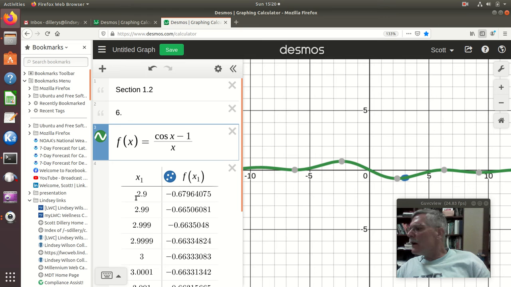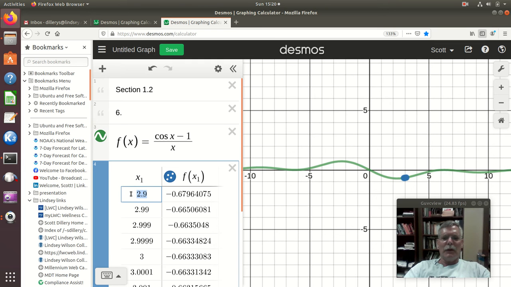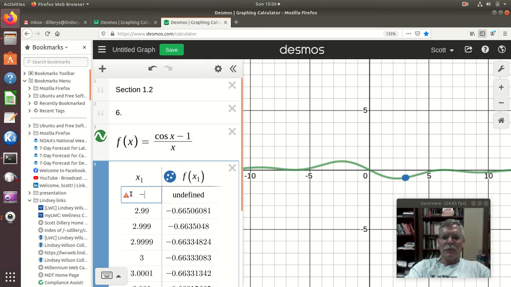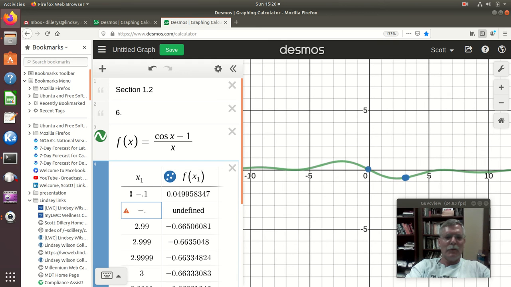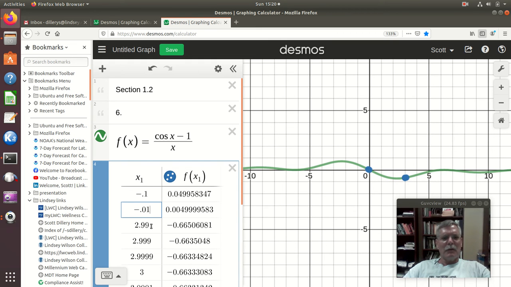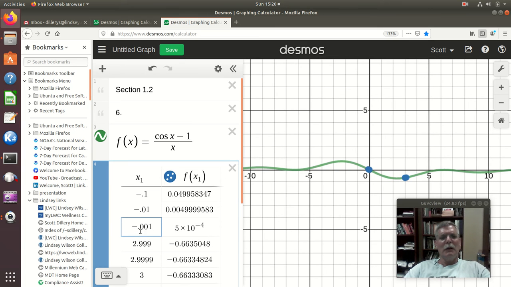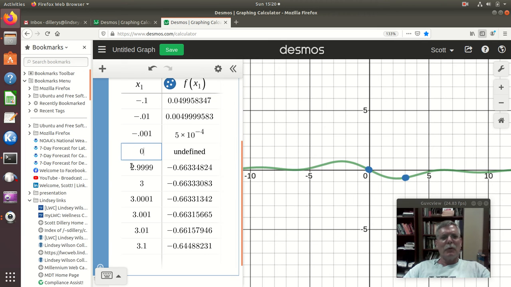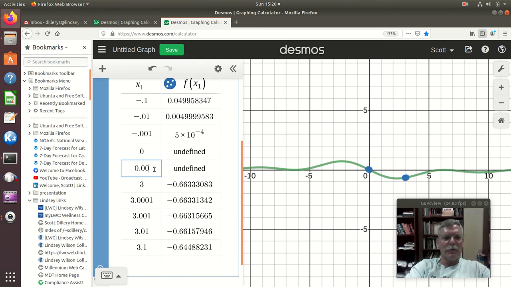Now, in number 6, they want us to go minus 0.1 and then minus 0.01, and so I can do the same sort of thing here, minus 0.1, so we want to look at the limit as it goes to 0, minus 0.01, fix this one up here, minus 0.001, I'll put in a 0 here, undefined of course, and then here do my 0.001.